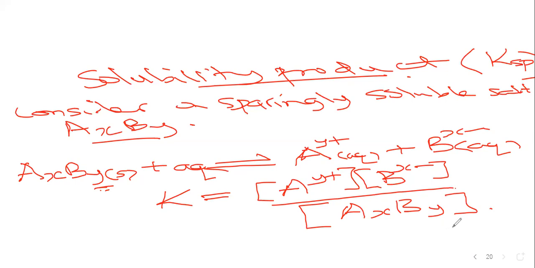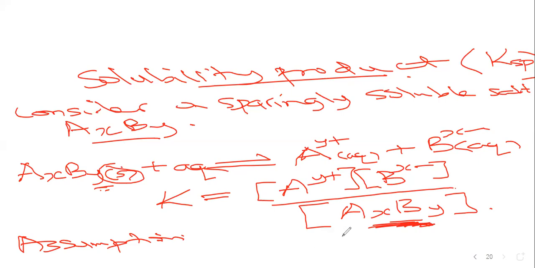That is the solubility constant. However, there is an assumption that is taken here. Which assumption do we take? The assumption is that the solubility of this compound, the solid, remains constant.